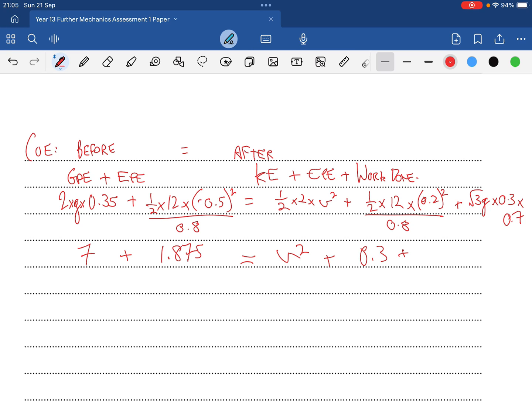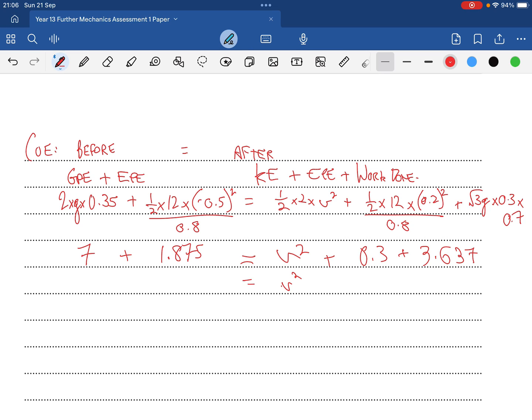So I've got 3.637. I'll just do it to 3 decimal places. I reckon it will be good enough. Root 3 times 10 times 0.3 times 0.7. Okay, so we can say here then, this means v squared equals 7 plus 1.875, take away 0.3, take away 3.637.